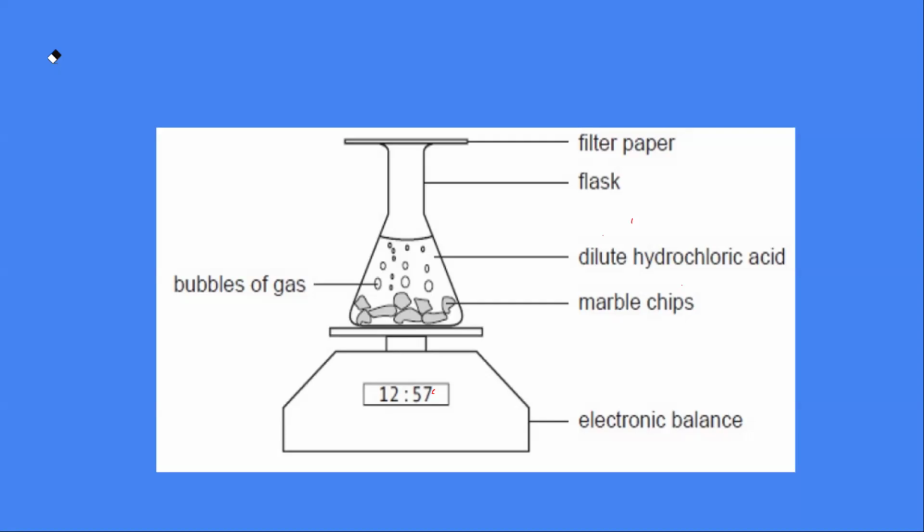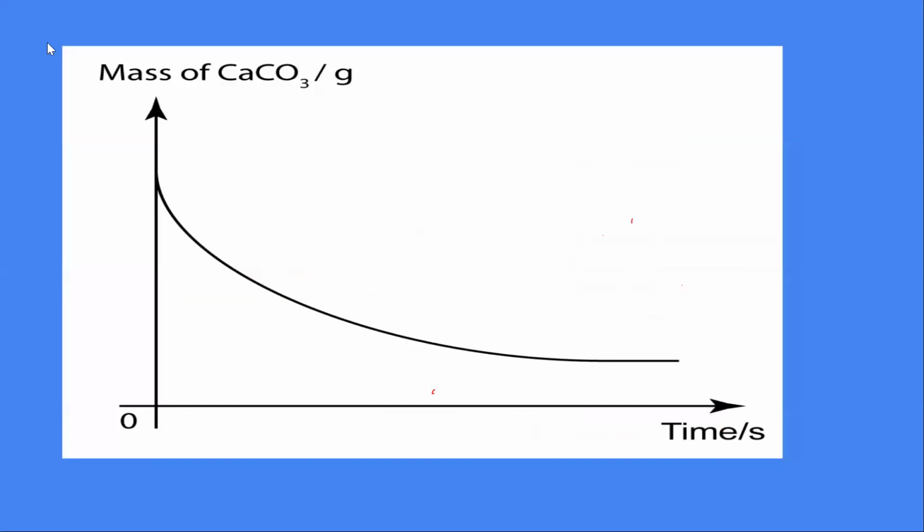So there are two ways in which to do these experiments. You can either measure the volume of carbon dioxide, or talk about the decrease in the mass of the marble chip, the reactant.